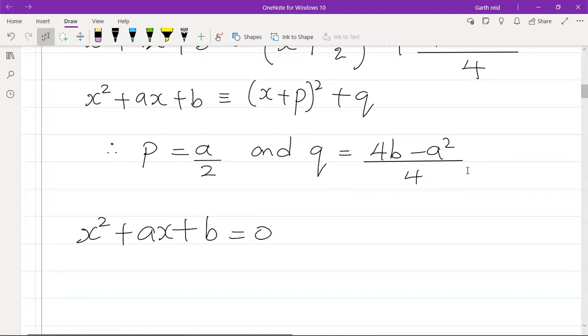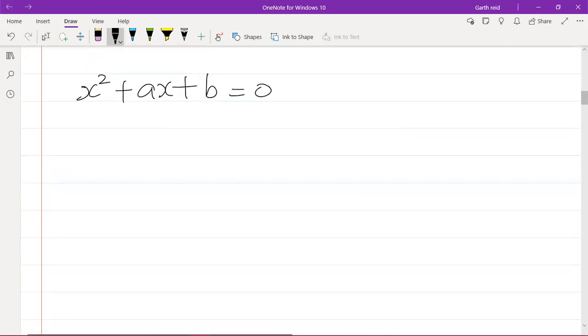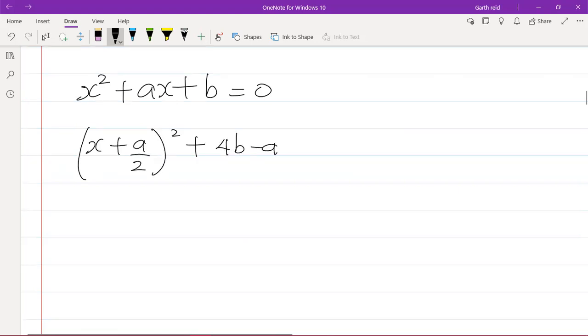And we already found the value of p and q, right? So I'm just going to write this quadratic on the left-hand side in its vertex form, which we have just written as x plus a over 2 all squared plus 4b minus a squared over 4, all right? And that must be equal to 0.